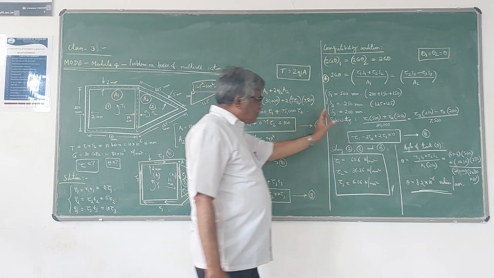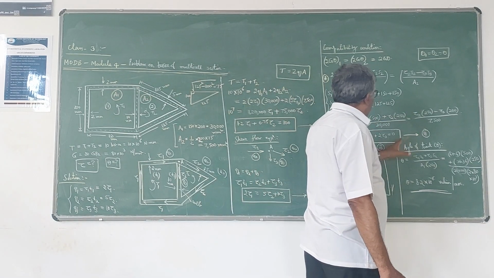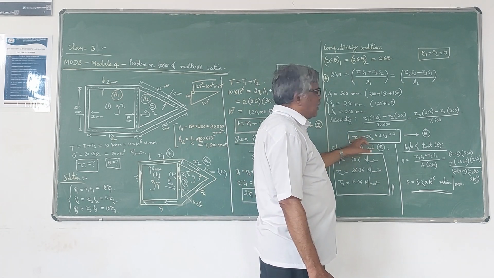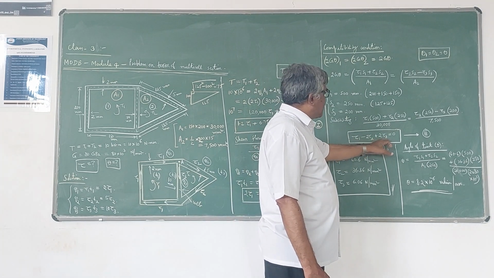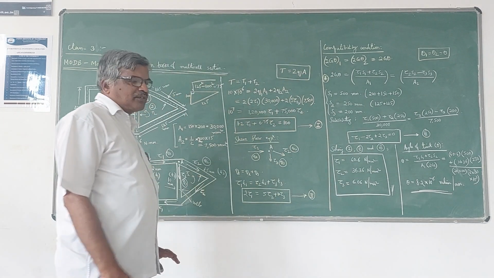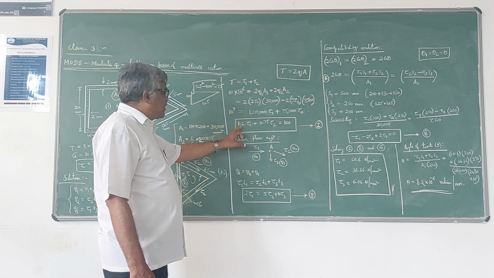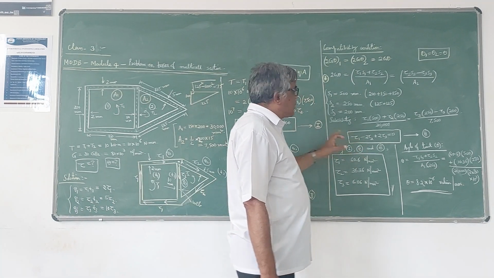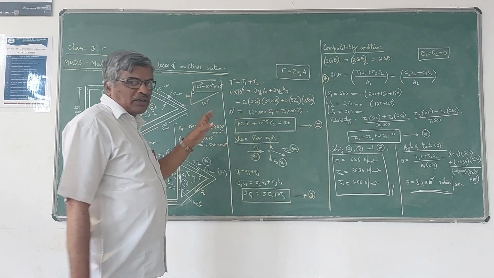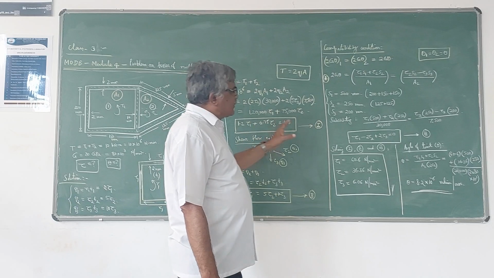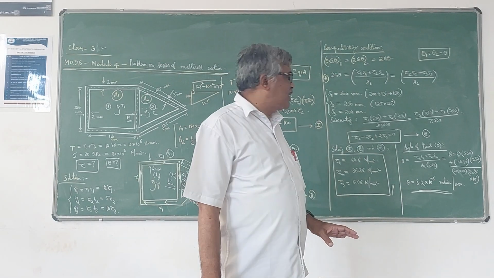Now if you cross multiply and simplify, this equation reduces to this form: tau 1 minus 2 tau 2 plus 2 tau 3 is equal to 0. Now you have three equations and three unknowns. The first equation we got from the torsion equation, the second from the shear flow equation, and the third from the compatibility equation.